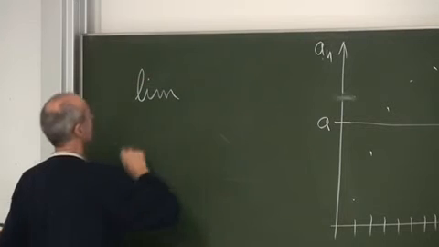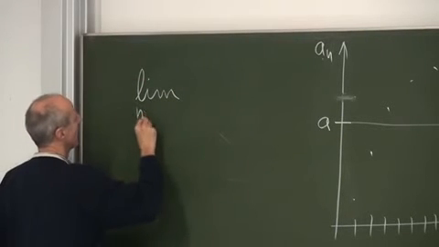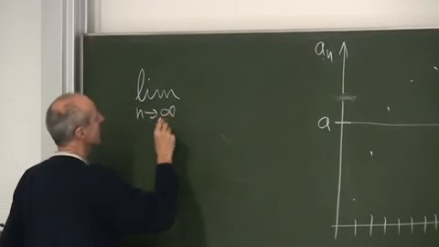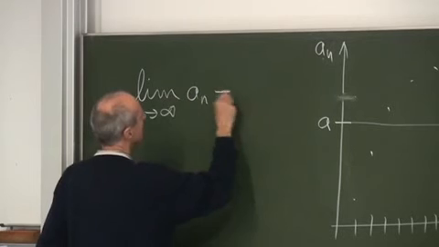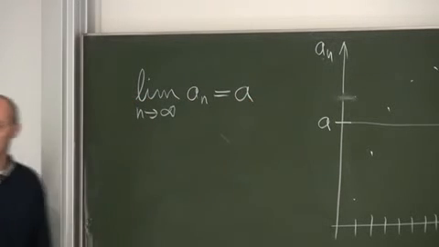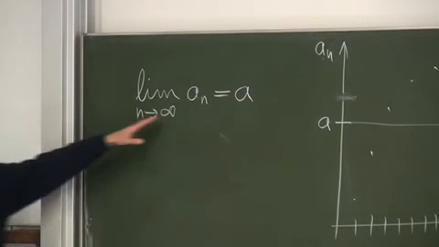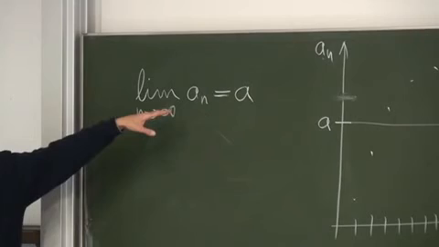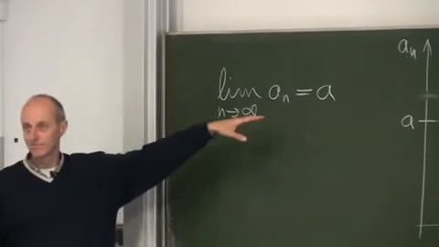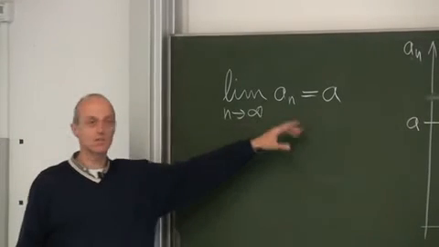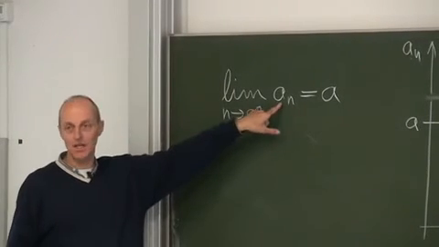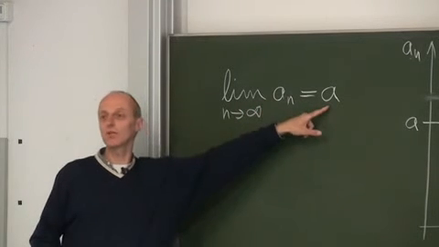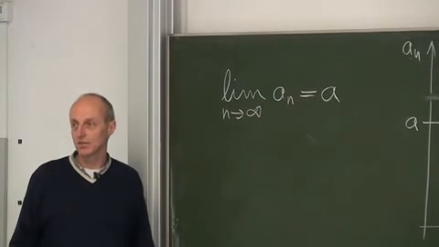You might have written the limit of n towards infinity of a_n is equal to a. That's actually the formula for convergence. So this equation says my sequence a_n converges to this value a for n towards infinity.